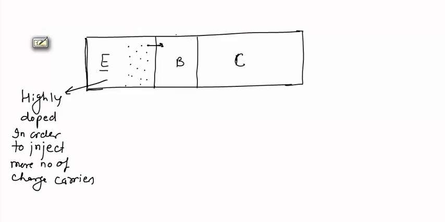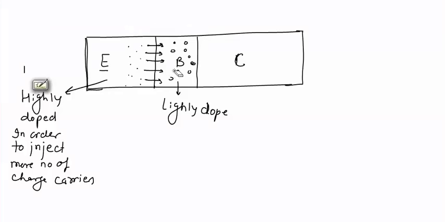Now this base region is lightly doped because we are injecting these majority charge carriers into the base region. If base is highly doped, then there will be large number of holes in this base region, and we are expecting these injected charge carriers to reach to the collector.